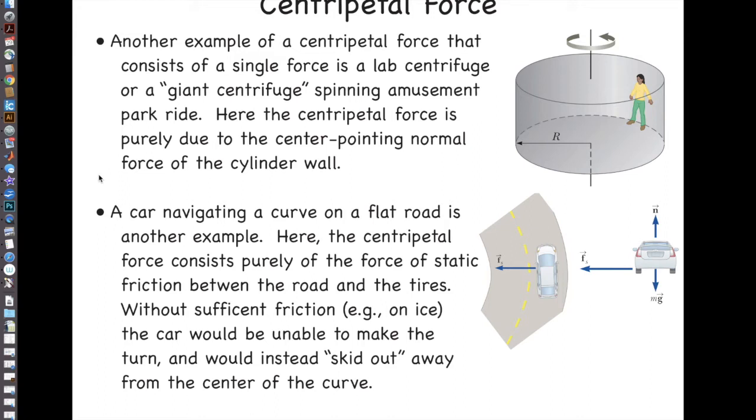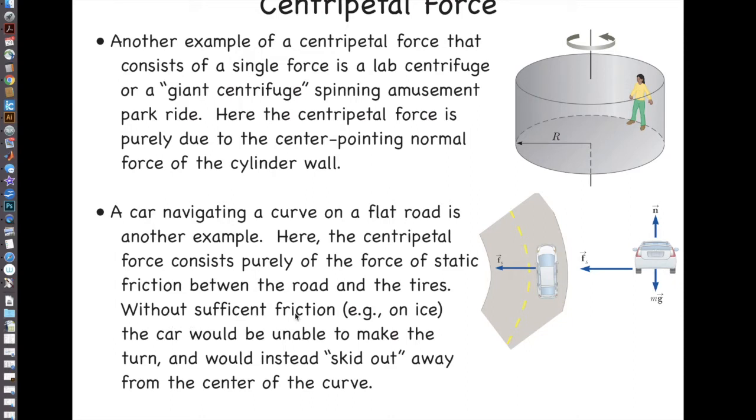Centripetal force that is purely due to one force would be a car going around a turn on a flat road. Here, the centripetal force consists purely of the force of static friction between the road and the tires. It's basically that the tires would skid in a direction perpendicular to the way they rotate, if it weren't for the friction of the road.